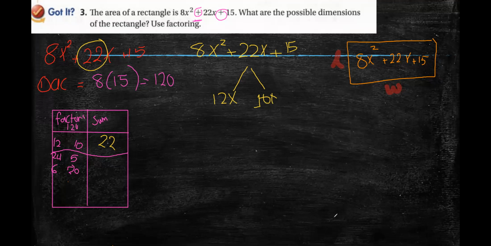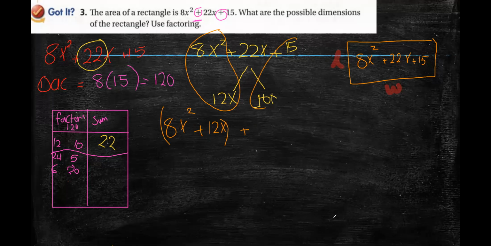Let's rewrite it: 8x squared plus 12x plus 10x plus 15. Now, after I rewrite it, I have to find the GCF for both brackets.